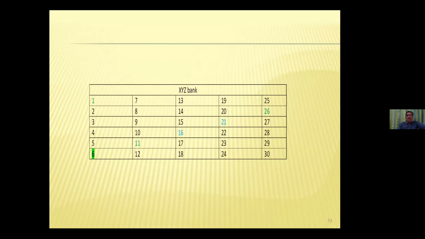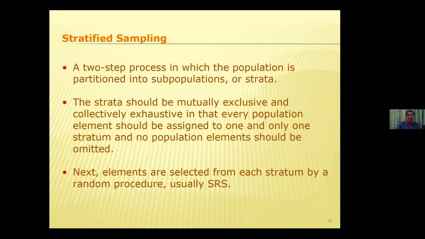Say for example, next comes 11, I will collect data. Next 16. So 5 is the interval: 16th, 21st, 26th person, I can collect data. So now see here, data has been collected from all the columns or all the cities.